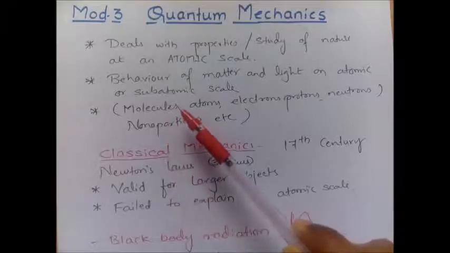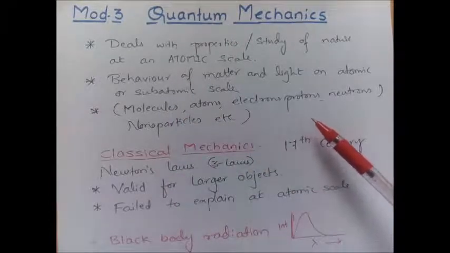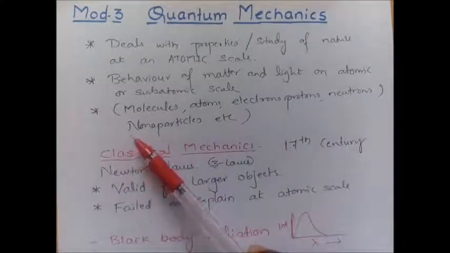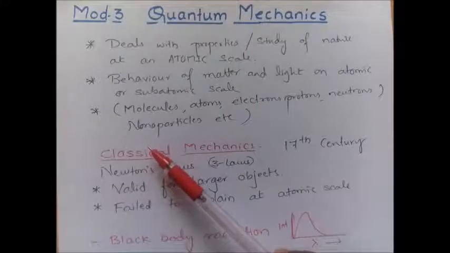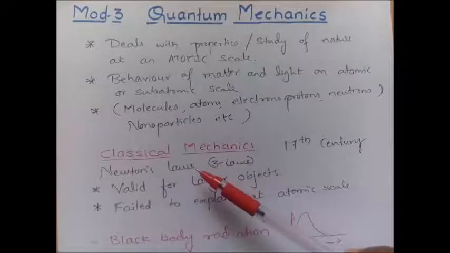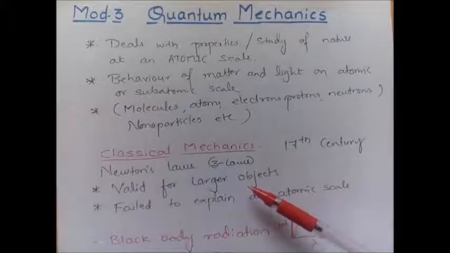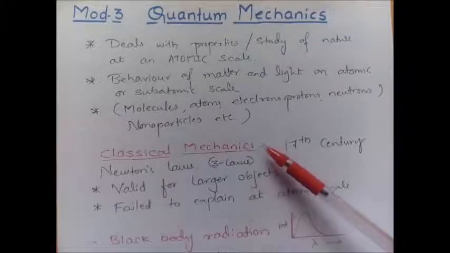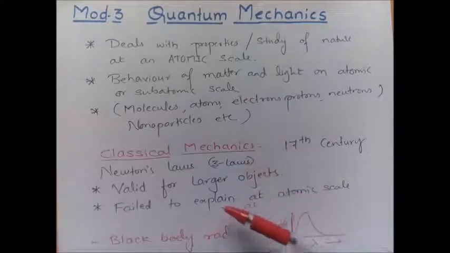Atomic or subatomic scale means electrons, neutrons or protons, as well as molecules and nanoparticles. We study what the momentum is, what the mass is, what happens when we irradiate light on it, what the transition from lower energy levels is, and what the energy levels are. These all come under the quantum mechanics topic.